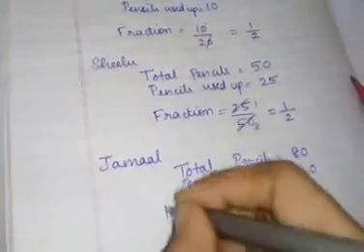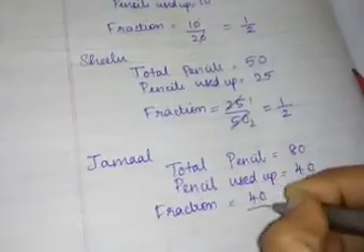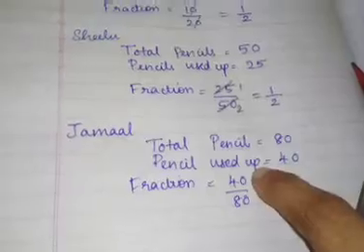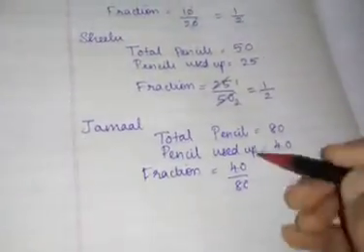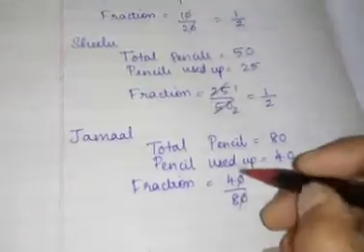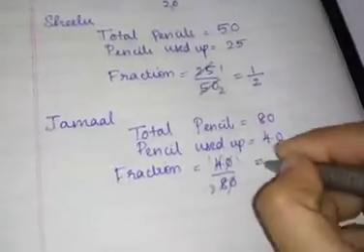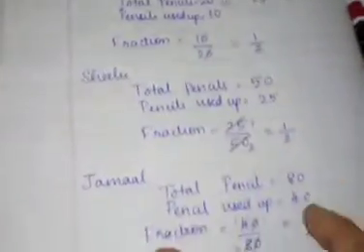So what will be your fraction? 40 divided by 80, because total number of pencils used divided by total number of pencils. 0, 0 cancel. 4 ones are 4, 4 twos are 8. So what is the simplest form? 1 by 2. So now I have got the fraction for Ramesh, Sheelu and Jamal.